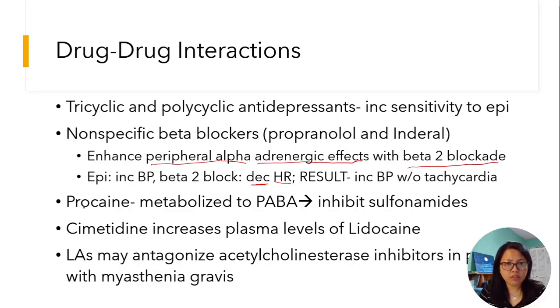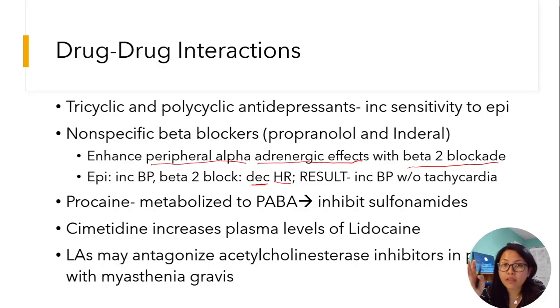Another thing to consider, procaine is metabolized to PABA, or para-aminobenzoic acid, and it would inhibit the action of your sulfonamides. Sulfonamides are antimicrobials that are competitive with PABA, but this is not really a concern if you're not using procaine or novocaine anymore. And then cimetidine increases plasma levels of lidocaine, which can lead to toxicity. Cimetidine, if you're not familiar with it, is a heartburn medicine.